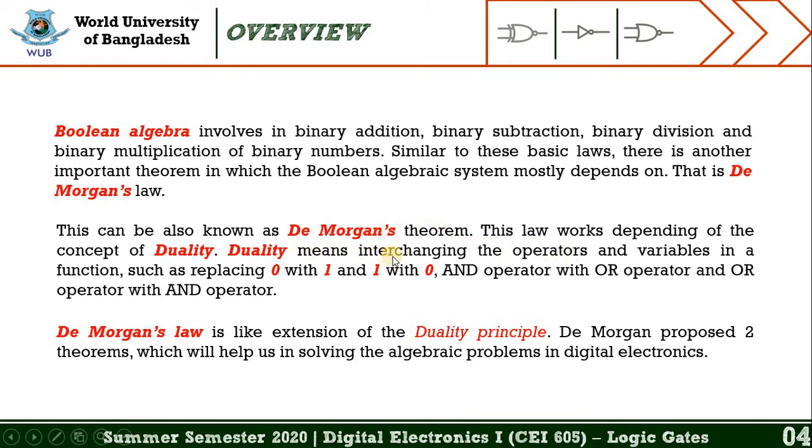Duality means interchanging the operators and variables in a function, such as replacing 0 with 1 and 1 with 0. After that, replacing the AND operator with the OR operator and the OR operator with the AND operator. De Morgan's law is like an extension of the duality principle. De Morgan proposed two theorems which will help us in solving the algebraic problems in digital electronics.